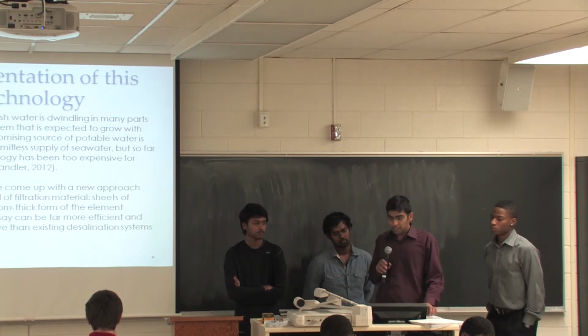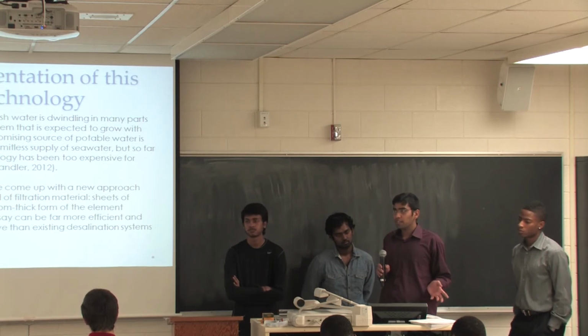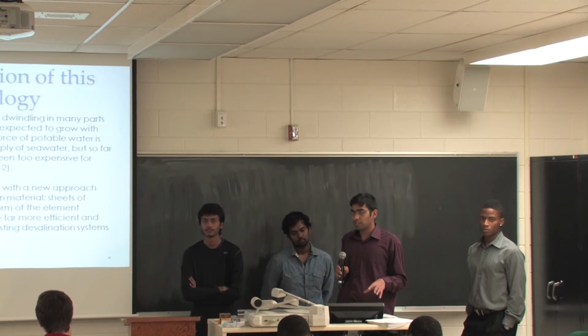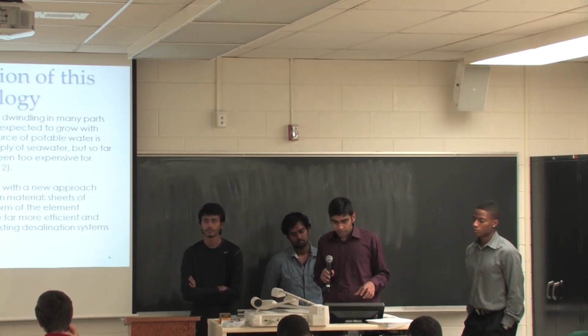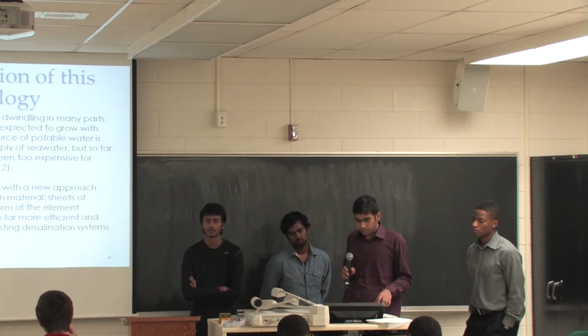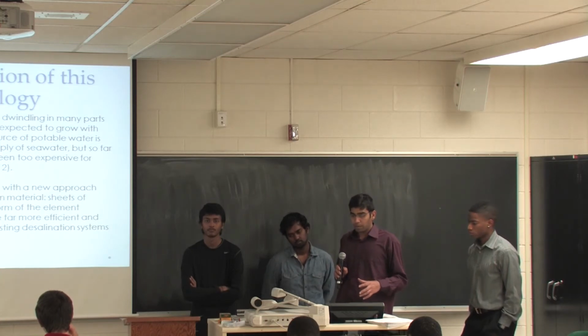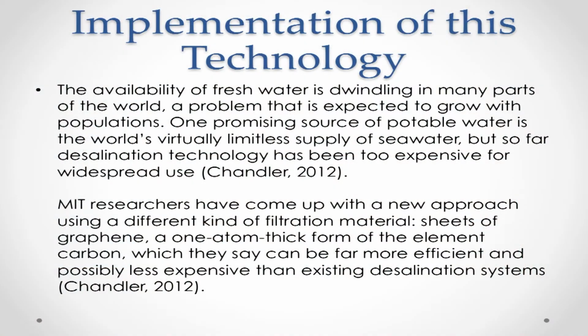We are implementing this technology because water is reducing day by day, and to meet the demand of the population, this technology is very useful, and it is used in various countries. And according to the research, different kinds of implementations are added into this technology, like sheets of graphene used in the filtration process, one atom thick element of carbon.